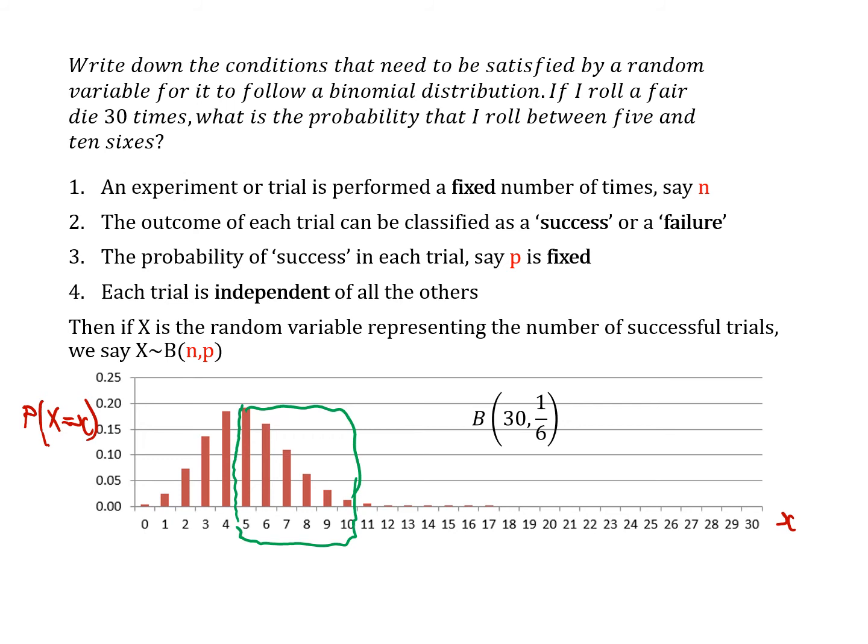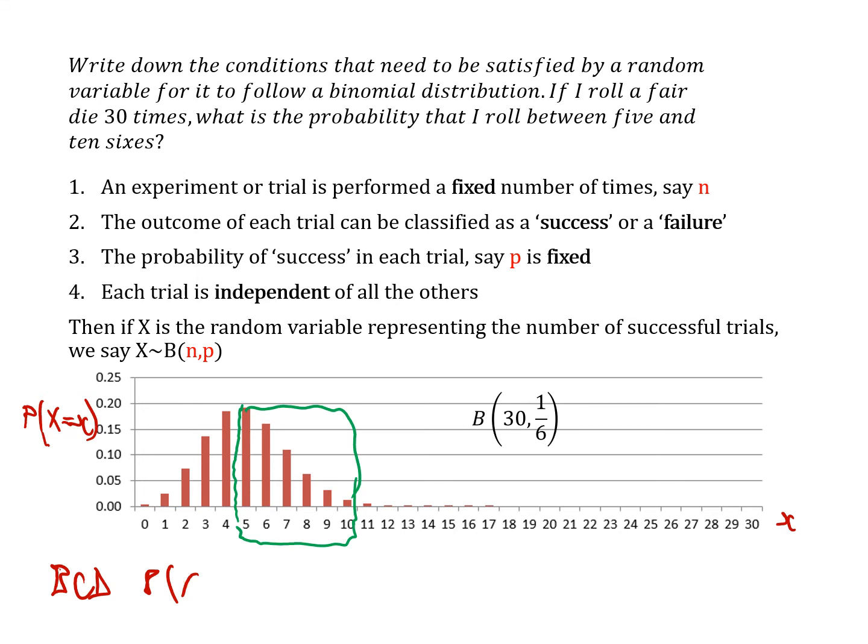But my calculator has what is called the BCD, binomial cumulative distribution, and that tells me only the probability that X is less than or equal to some particular number. So if I want to use this facility on the calculator, I need to decide how I'm going to find the answer to the question.